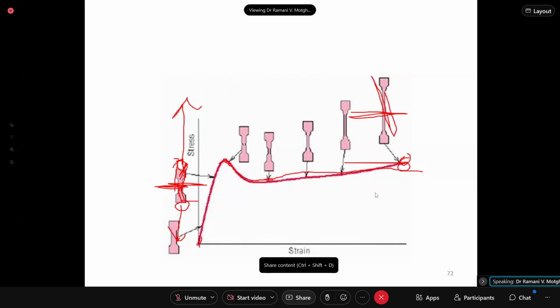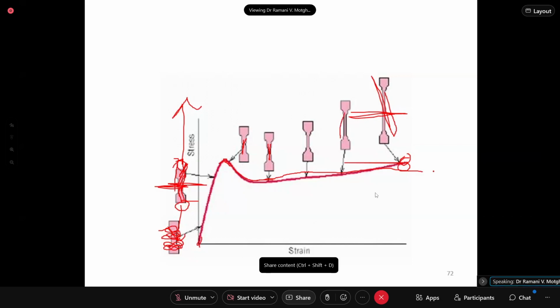But the molecules which are present at the center experience the stress, and due to that the molecules get separated, or rather they get aligned in this fashion. If they were present as entanglements, then they are getting stretched and straight just like your rubber band.